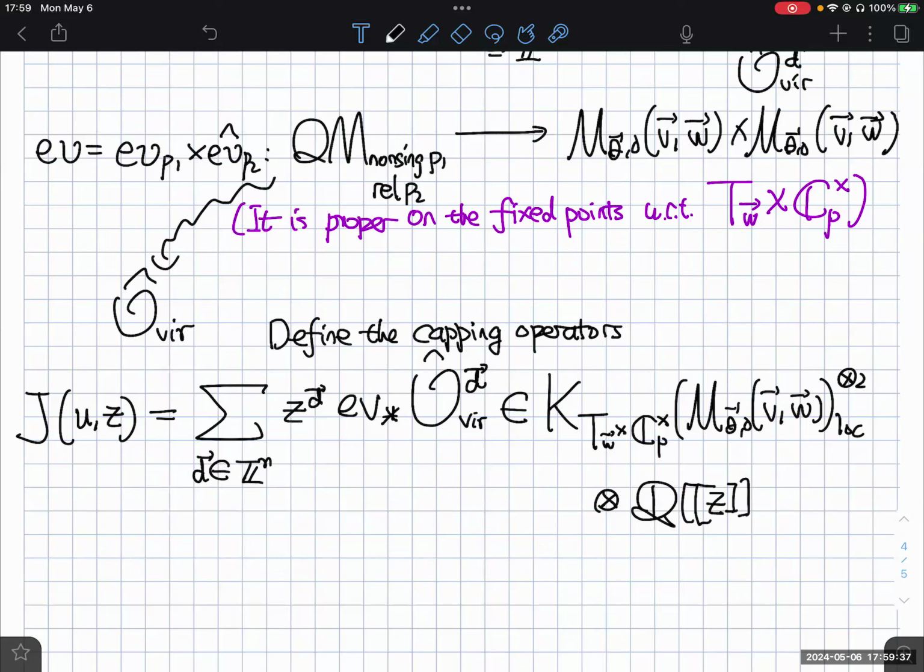And this ZD, for example, if I take this D in the component way, this ZD stands for Z1 D1 to Zn Dn.